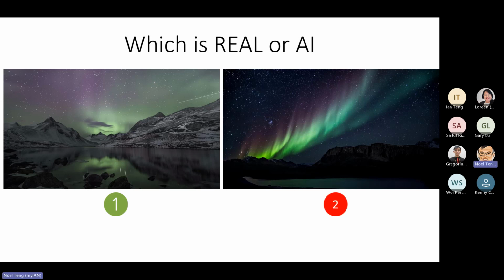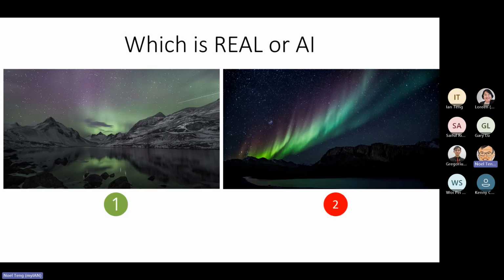Oh, one or two? Which one is real? Number two is real. Okay. Who else says two is real? Ah, Kenny says two is real. Okay. Gary, one is real. Okay, thank you, Gary. So one for one, two for two.